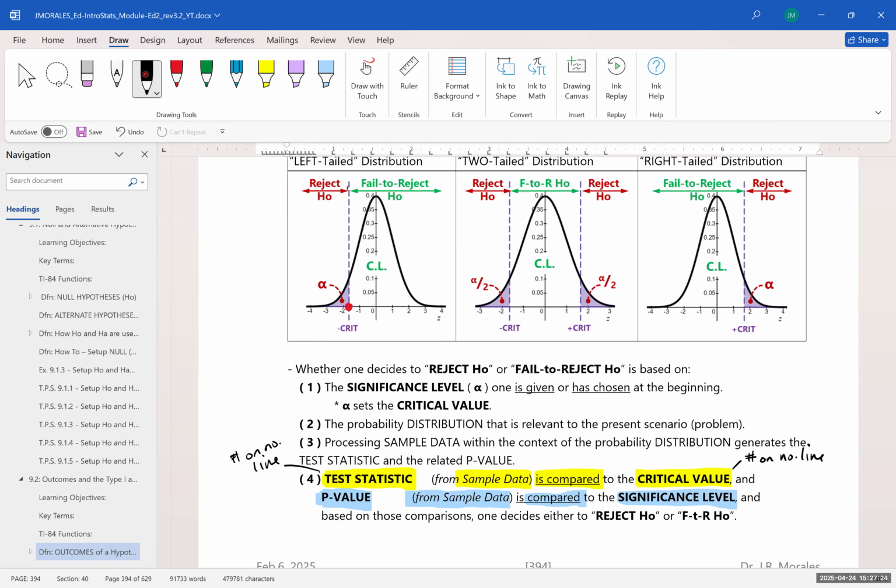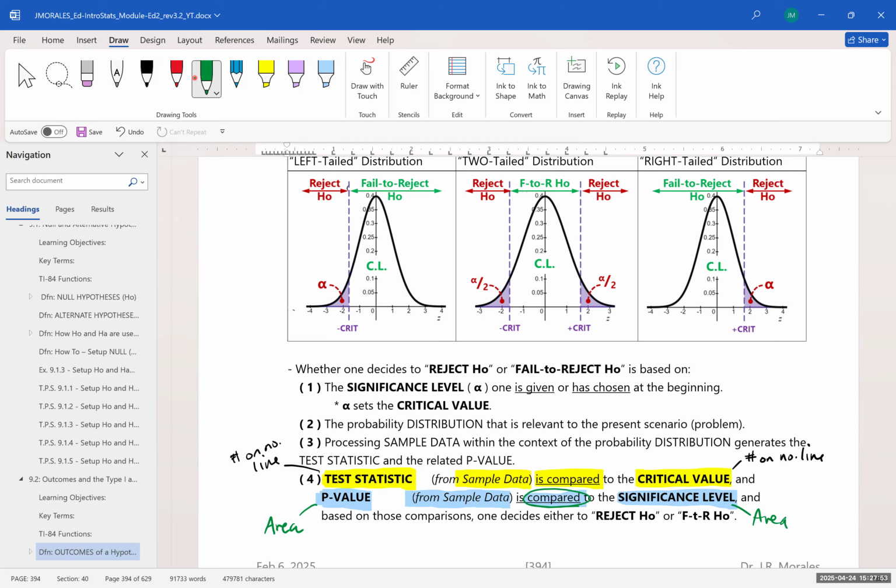So you can compare two numbers on a number line and see which is greater than the other. A p-value, by contrast, is an area, and a significance level is an area. So what you're going to be doing is comparing the sizes of areas.